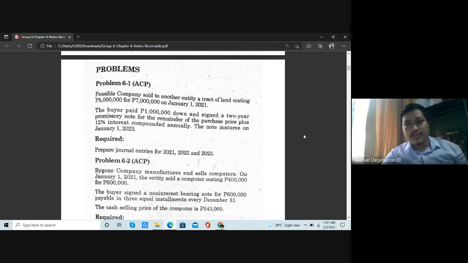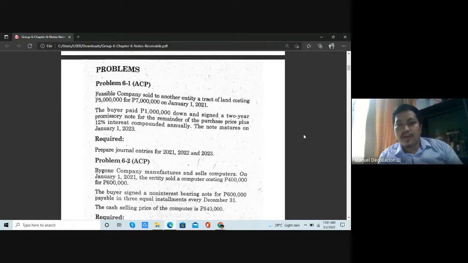Again, we do not believe that we will allow our customers to not pay in cash without us earning any interest on the money that we would have gotten if we asked them to pay in cash. So the interest in an interest-bearing note would be an addition, whereas the interest in a non-interest-bearing note is presumed to be incorporated in the face amount of the promissory note.